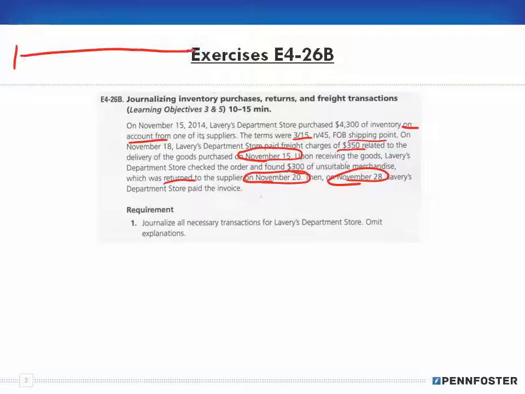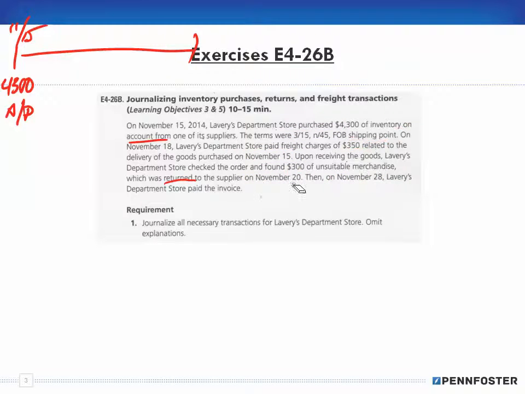So let's create a timeline here. Okay, so on November 15th, all right, it purchases $4,300 of inventory on account. So on account being accounts payable, right? We're purchasing on account, so that's an accounts payable.